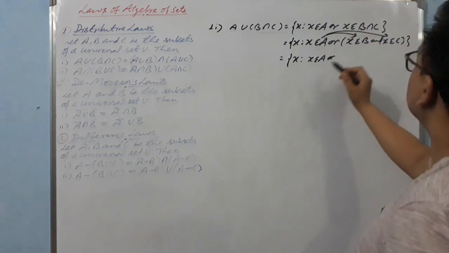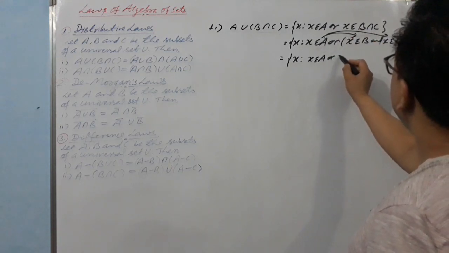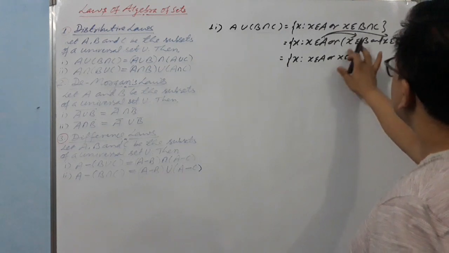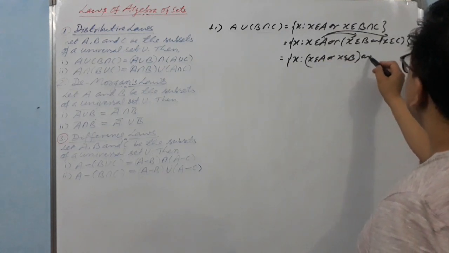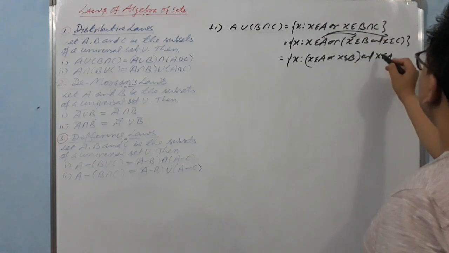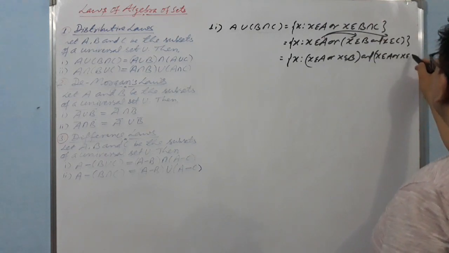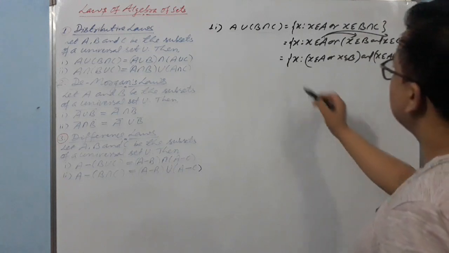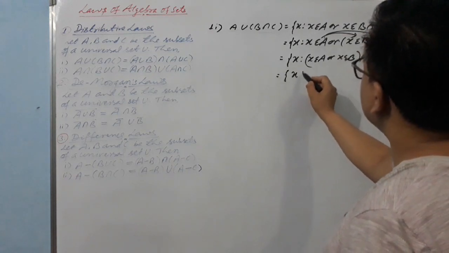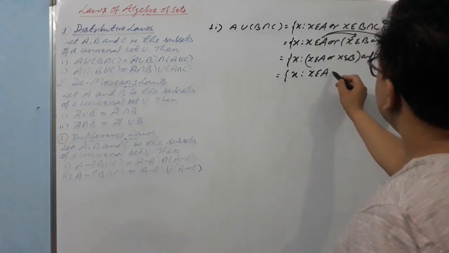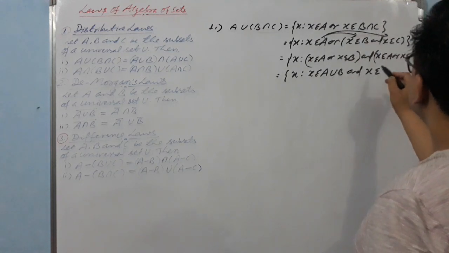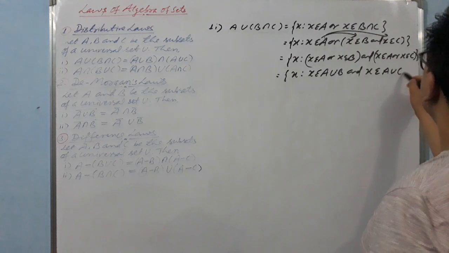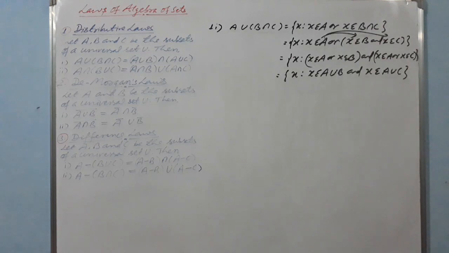And this one you can take: x belongs to A or x belongs to B. This is called the distributive property, and x belongs to A or x belongs to C. So this is equal to x belongs to A union B, and x belongs to A union C, we can write down, right?